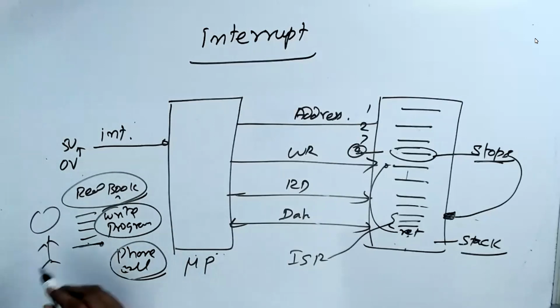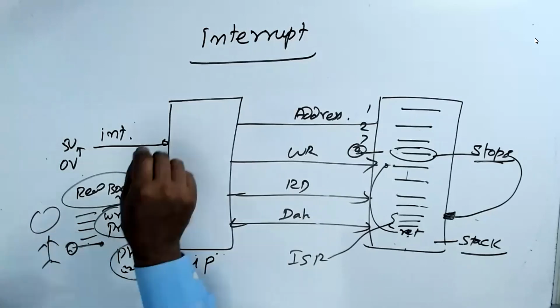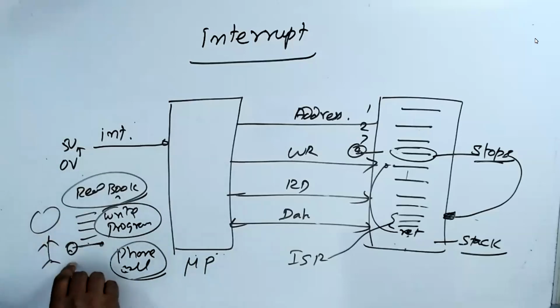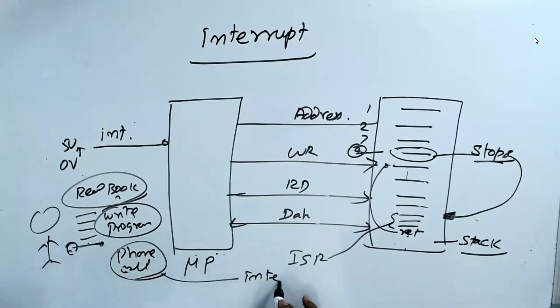You remember where you left. Either you do marking or writing, whatever you do, you remember where you have left. Then after attending the phone call, you come back to this work. Am I right? The phone call is called interrupt. The phone call interrupts you.